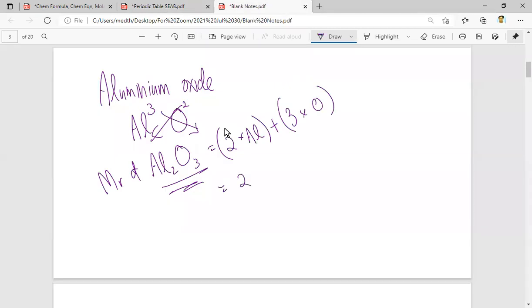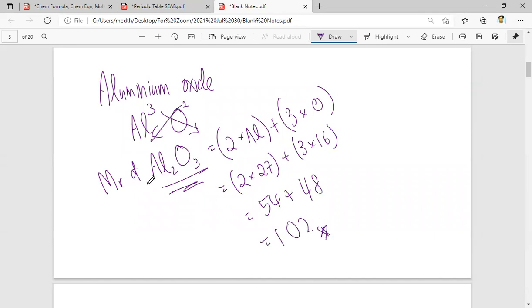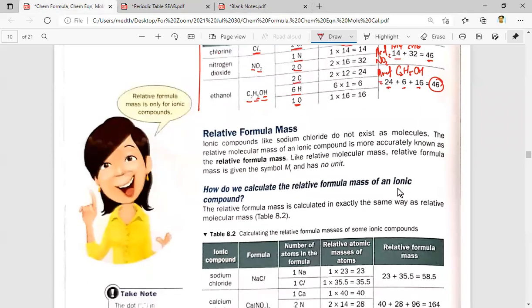So I need to take 2 multiplied by 27, because we got 2 aluminium. 3 multiplied by 16 because I got 3 oxygen. So I'm going to get 54 plus 48. What I'm going to get is 102. So the Mr of Al2O3 is 102. Okay, so knowing how to find Mr is important. I hope by now you are able to get this. Okay, so Mr, we are done.